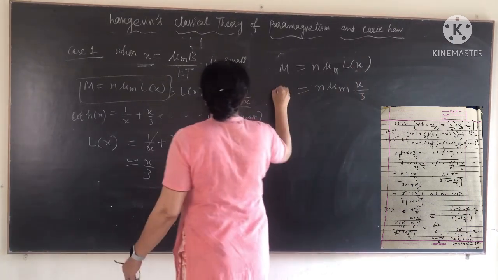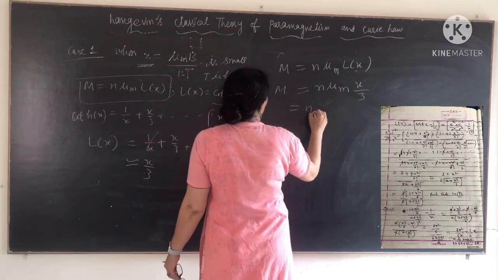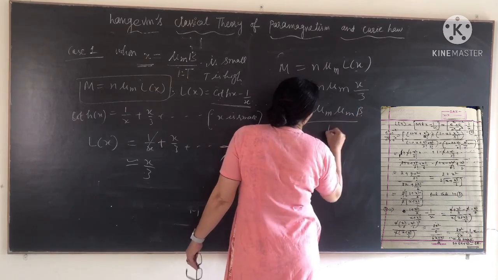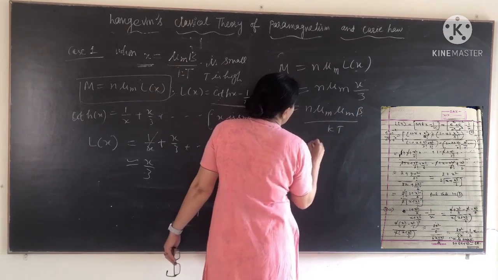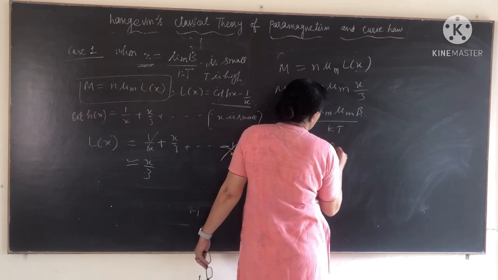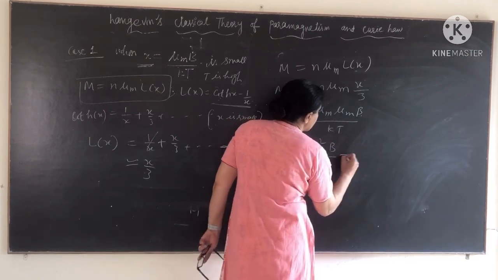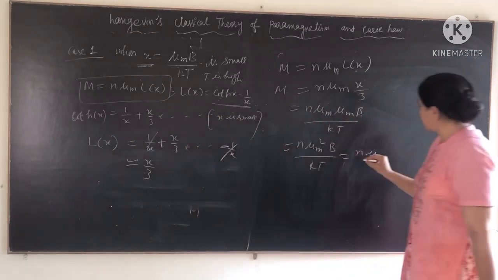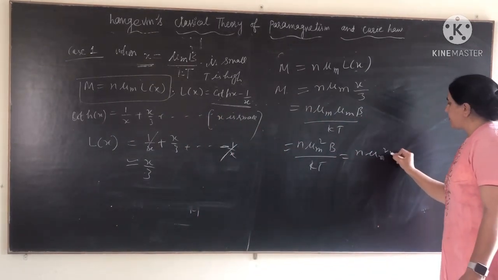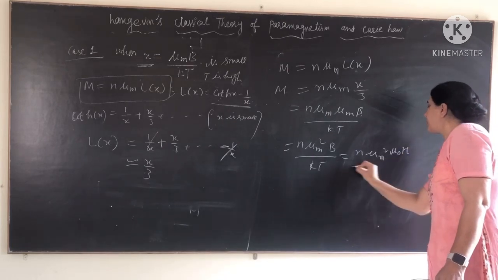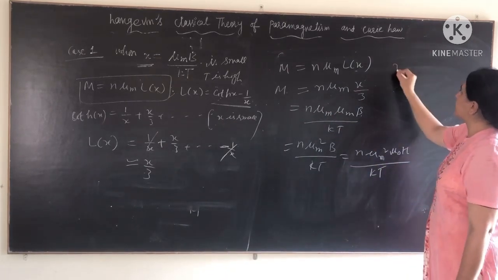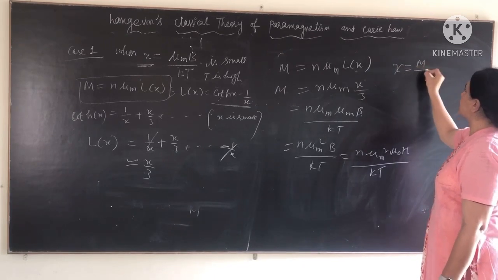Now put the value of x also. So that is equal to N mu m B upon kT, and that is equal to N mu m square B upon 3kT. Put B is equal to mu naught H. So M equals N mu m square mu naught H upon 3kT. And we have susceptibility, that is M by H. Clear?